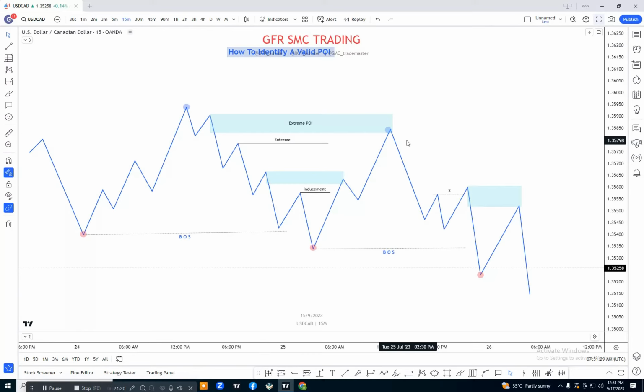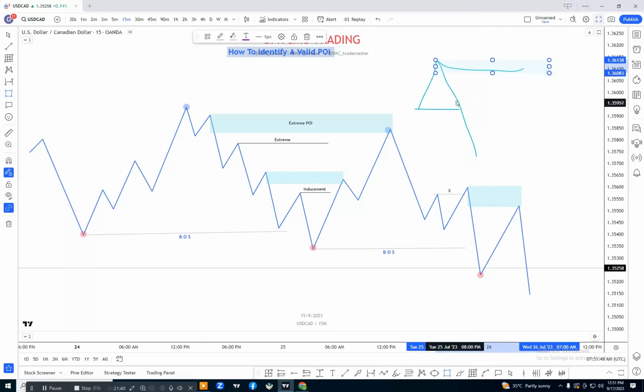The first thing you need to learn is that in a single move, after a breakout of structure, we will have only two profitable order blocks. The first one will be at the extreme point, which will be our extreme order block. The second one will be at this area, which will be considered the decisional order block.